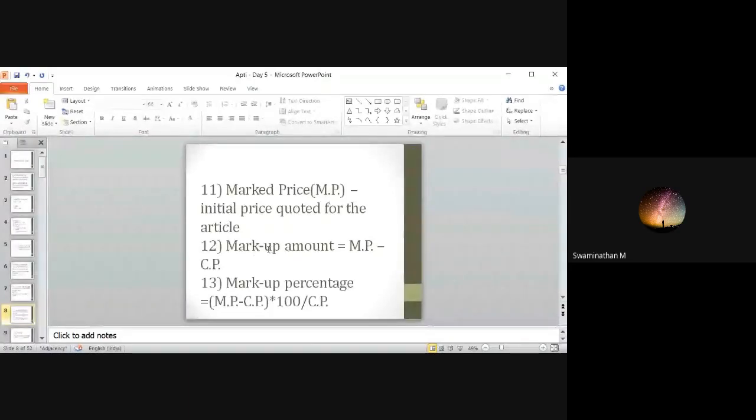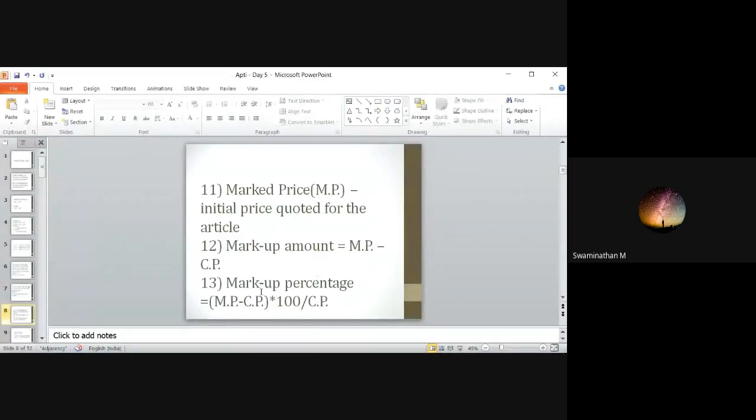So markup amount is equal to marked price minus cost price. The difference between the cost price and marked price will give you the markup amount: how much you have increased or decreased from the cost price. And markup percentage is markup amount into 100 by cost price.